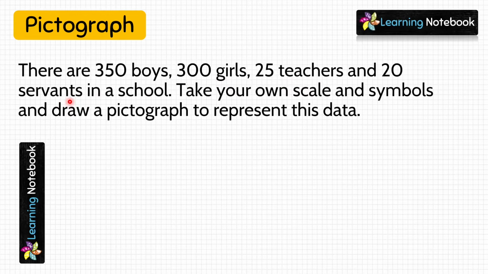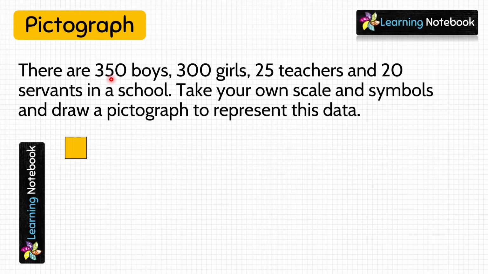So students, here we have to decide on picture or symbol for each of them. Also, we will decide a scale or what each picture stands for. So first, let's take a square to represent boys. Next, we have to decide on the scale.